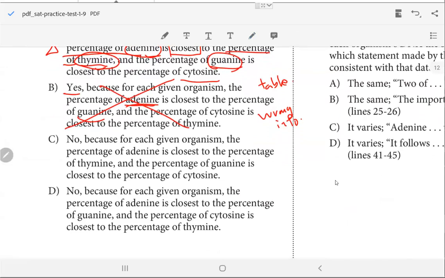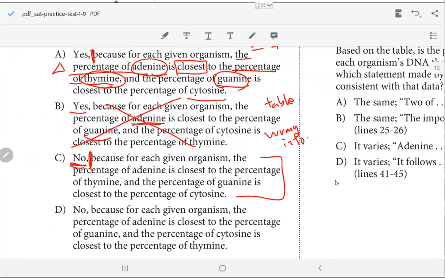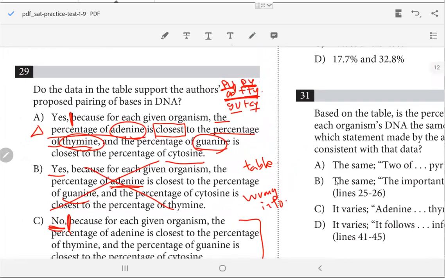C: no, because for each given organism, the percentage of adenine is closest to the percentage of thymine, and the percentage of guanine is closest to the percentage of cytosine. So, very interesting. The explanation is the same as A, but the answer is no. So, is it yes or no? Think about it. The explanations are the same, so should it be yes? Does it support the author's proposed pairing or not?